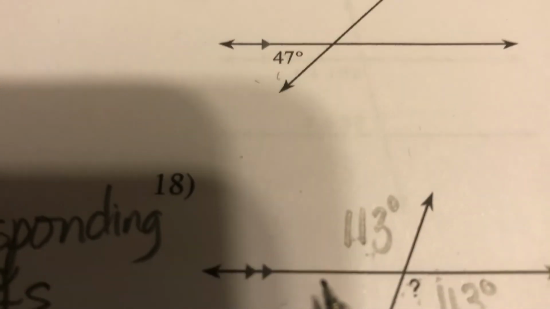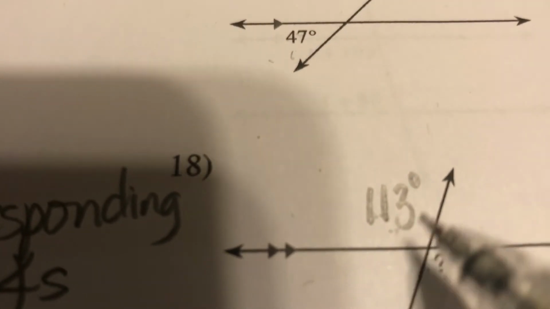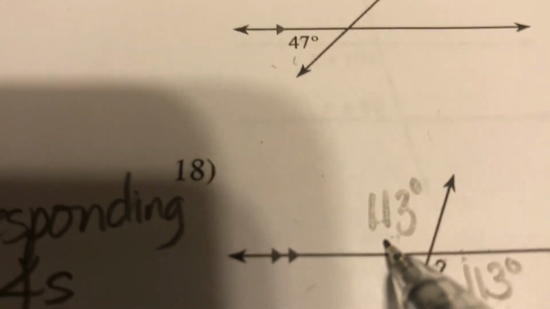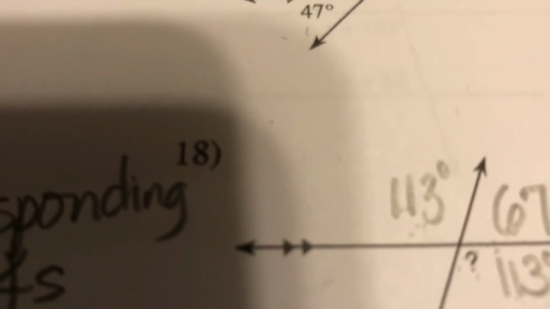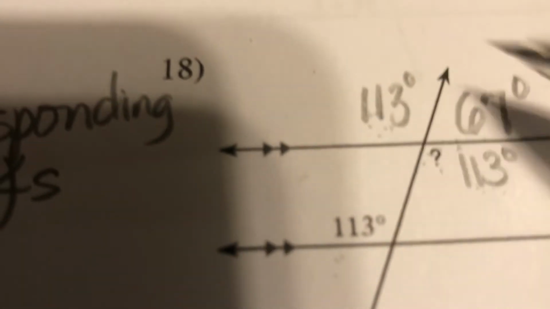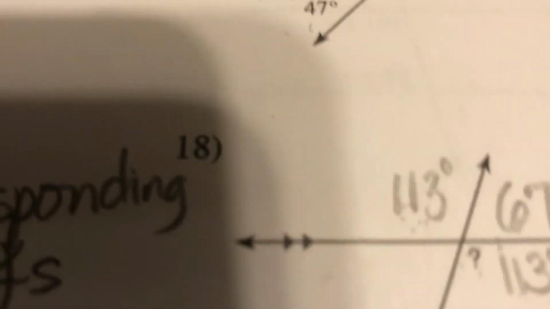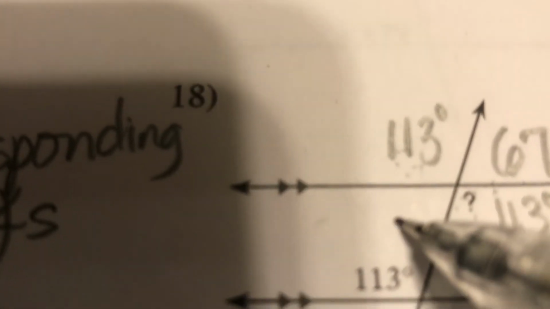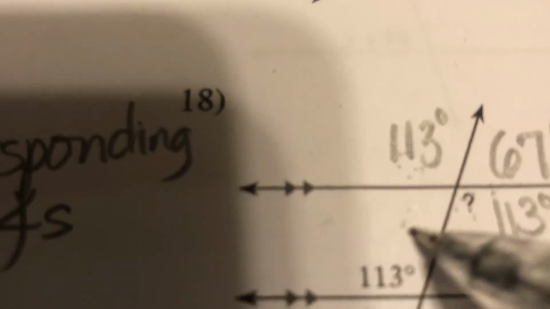They're supplementary. They have to equal 180. So I know that if I have 113 right here, then this is going to have to be a 67-degree angle, because 113 plus 67 is equal to 180. Then I can tell you that this angle right here is also going to measure 67 degrees because it's vertical with that angle.